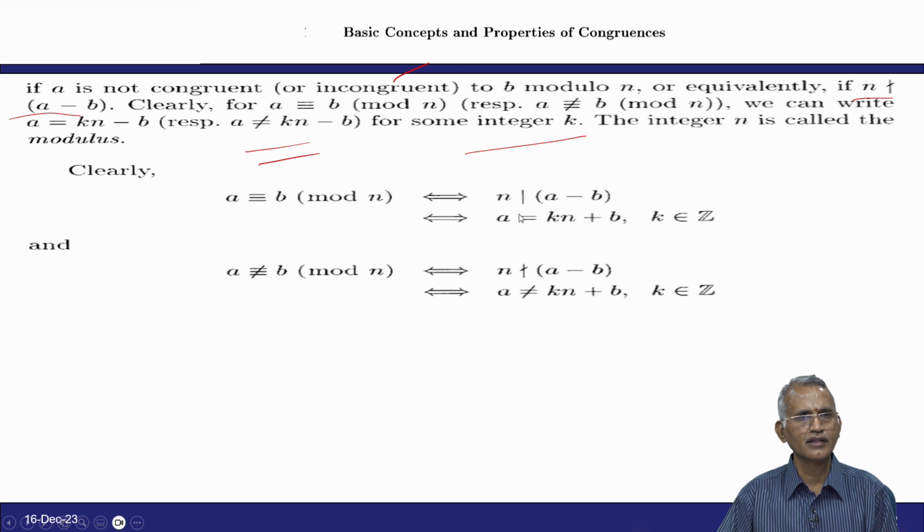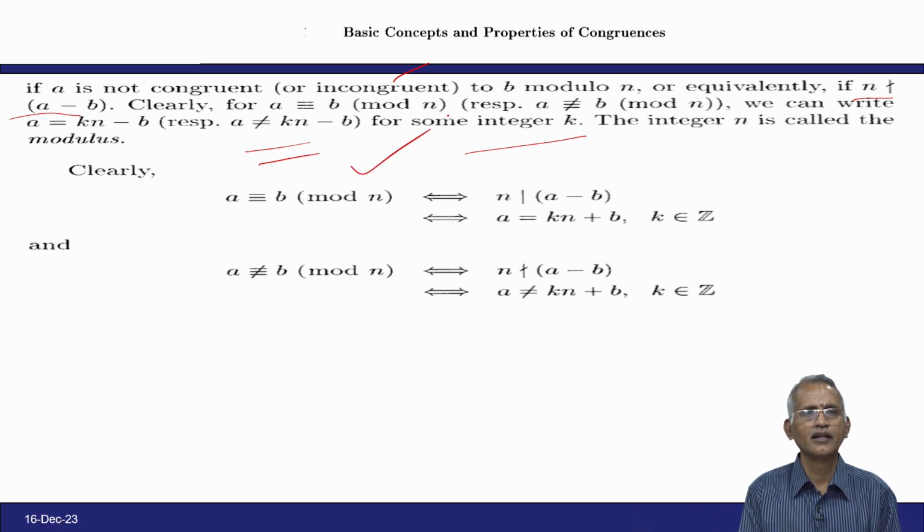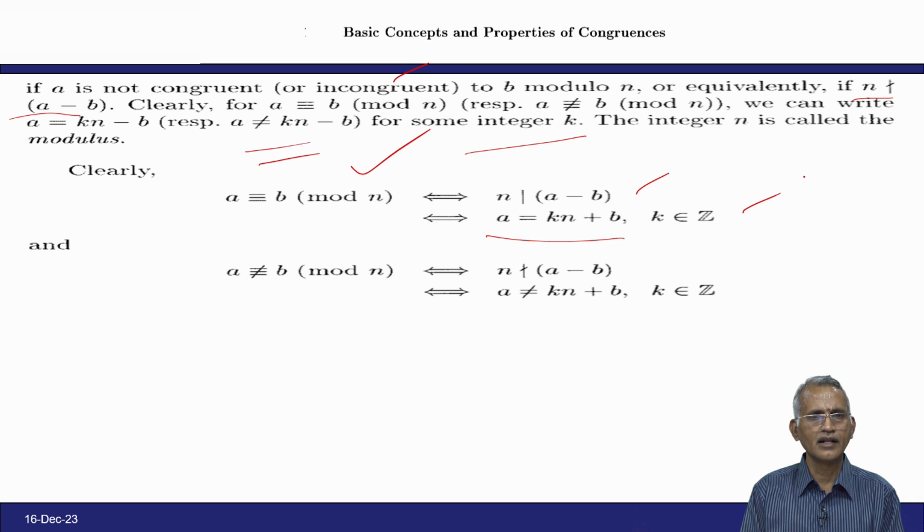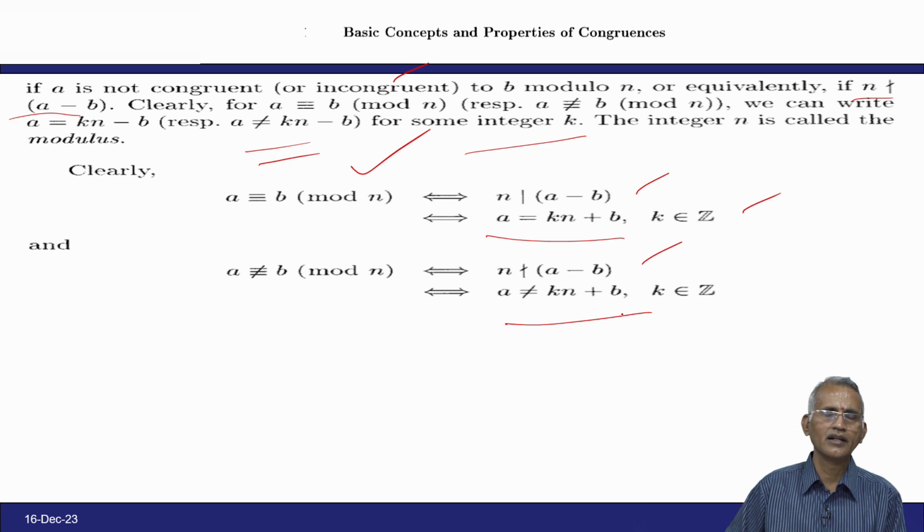Clearly, a is identically equal to b under modulo n if and only if n divides a minus b, if and only if a can be expressed as kn plus b, where k is in z, meaning integers. And a is not identically equal to b under modulo n, meaning n does not divide a minus b, if and only if a is not equal to kn plus b, where k is in z.